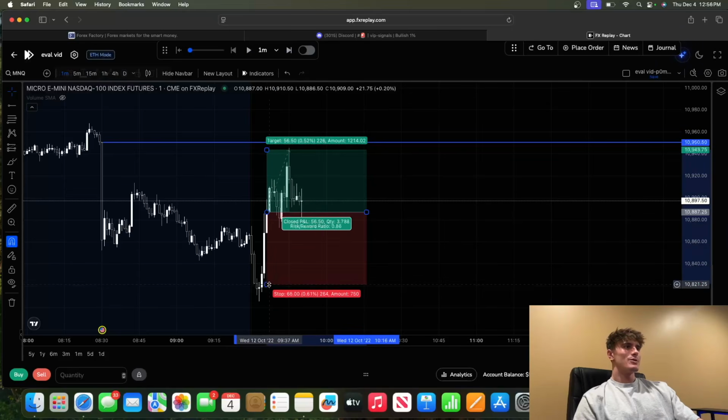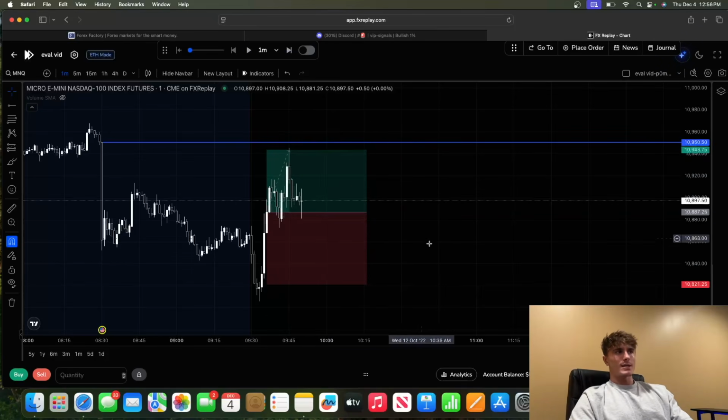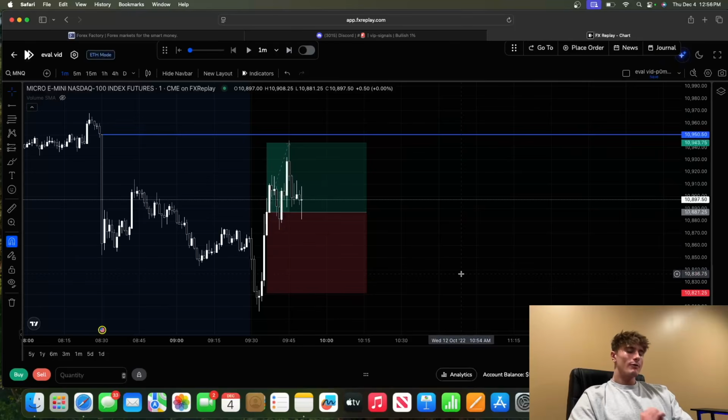I say safe entry a lot, and I want to really get in depth with that. When I say safe entry, what I'm saying is I want my entry to be at a point where my draw is correct, but there's nowhere for price to retrace that stops me out while still having my draw be correct.